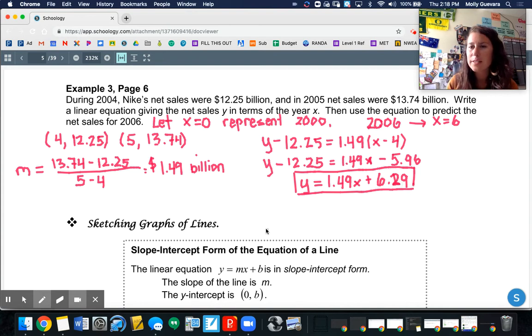Now I want to predict how much they're going to make in 2006, so I can just plug in 6. So y equals 1.49 times 6 plus 6.29.